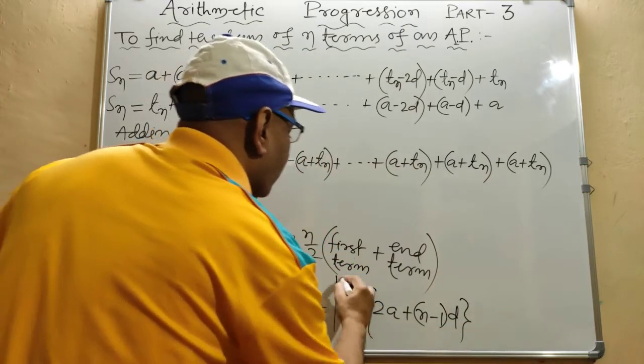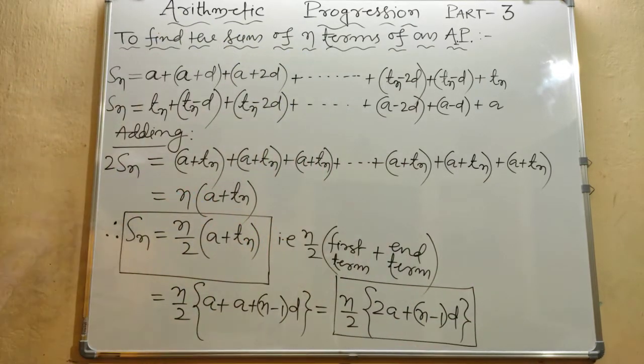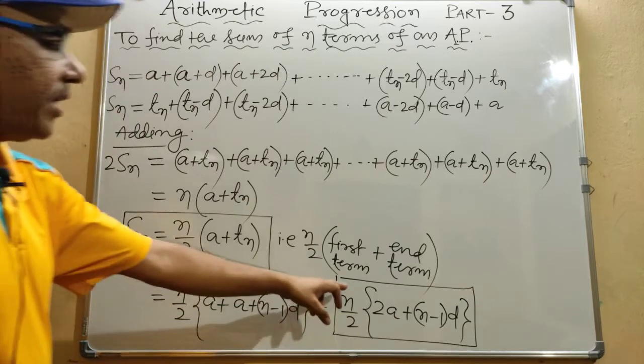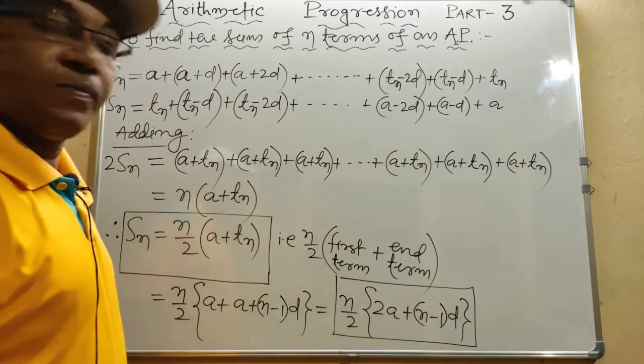This is also a formula for finding the sum up to nth term of an arithmetic progression. The value of Sn is n by 2 (2a plus n minus 1 into d).